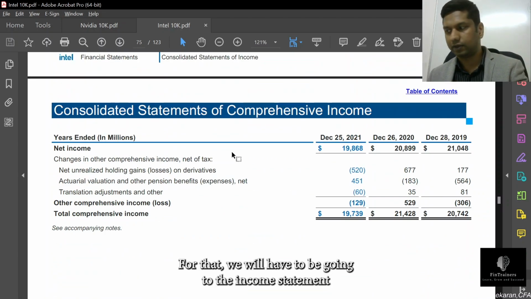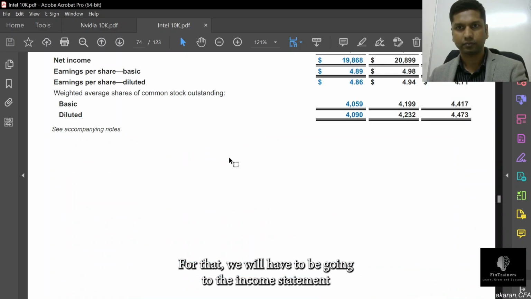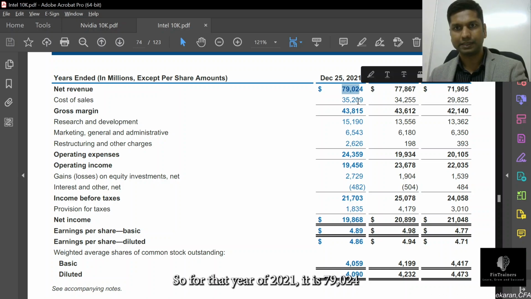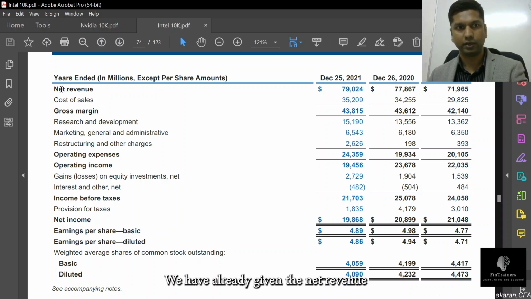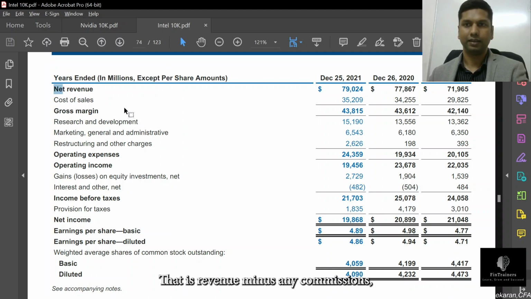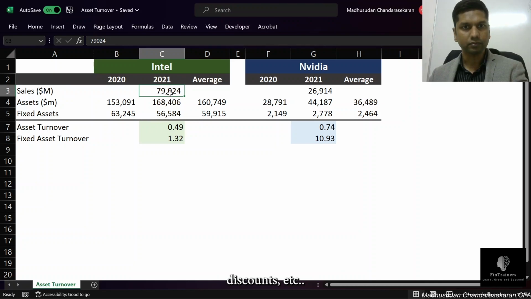For that, we will have to go to the income statement. There we go. So for the year 2021, it is 79,024. They have already given the net revenue, that is revenue minus any commissions, discounts, etc. So we have those values here.